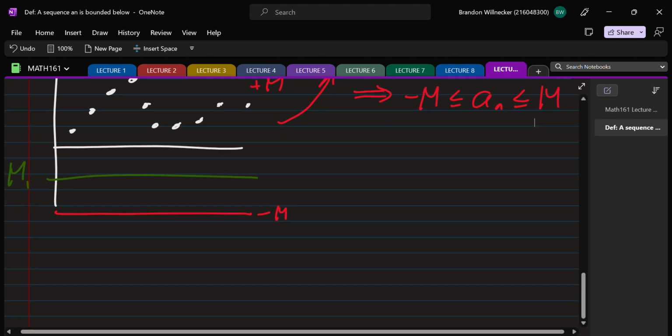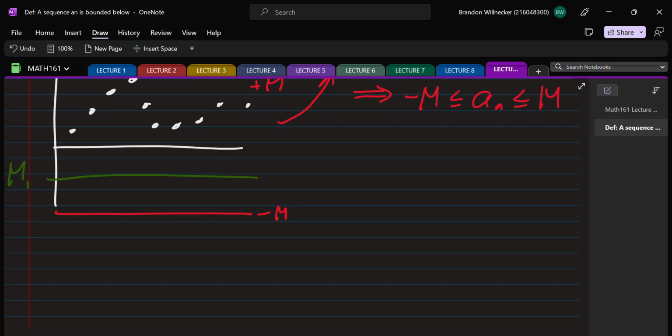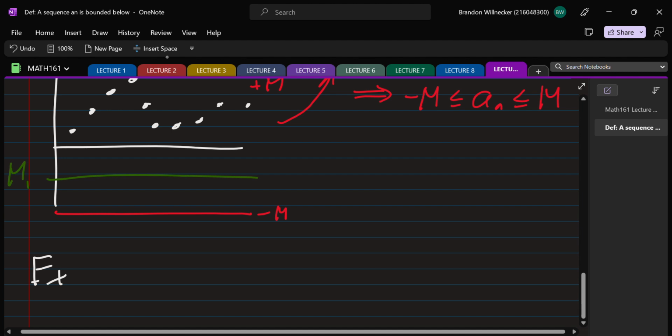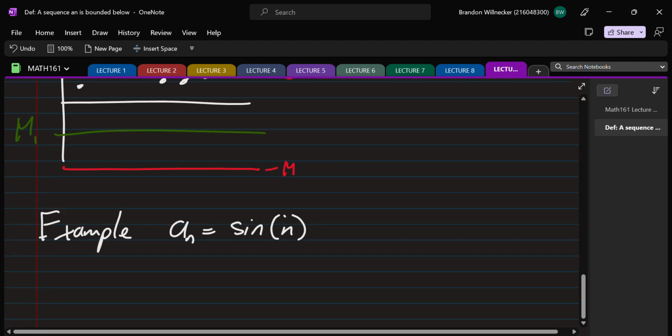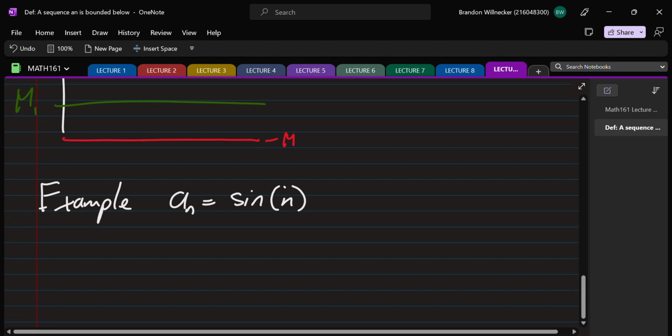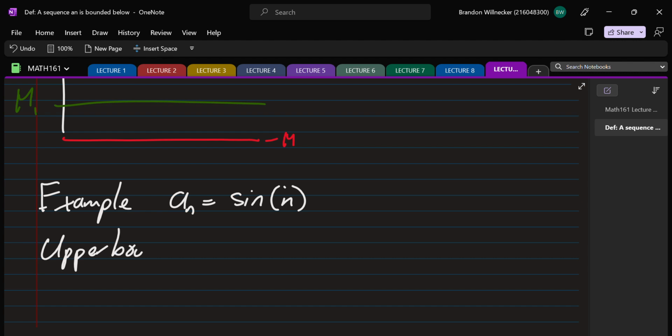Just as an example, let's say a_n is equal to sine of n. We know this is bounded from our trig functions. So we can say that there's an upper bound of plus 1.